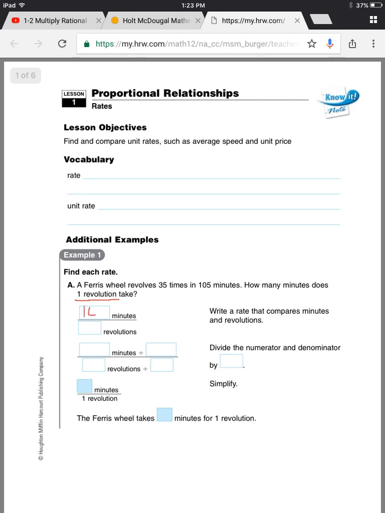So we take 105 minutes over 35 revolutions, and then we divide both the top and bottom number by the denominator because we want the denominator to be 1, because we are looking for the unit rate, and the unit rate is per 1 of something. So in this case, we're going to divide the numerator and denominator by 35. 105 divided by 35 is 3. So the Ferris wheel takes 3 minutes to do one revolution.